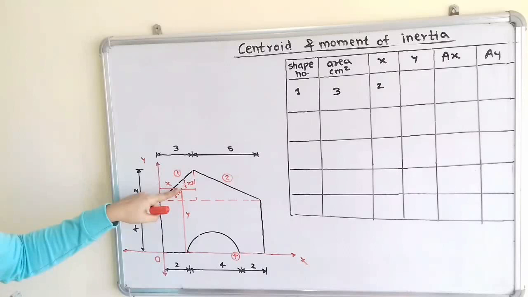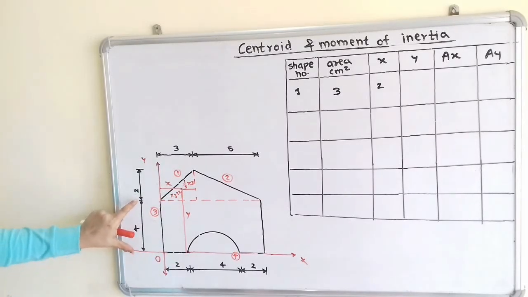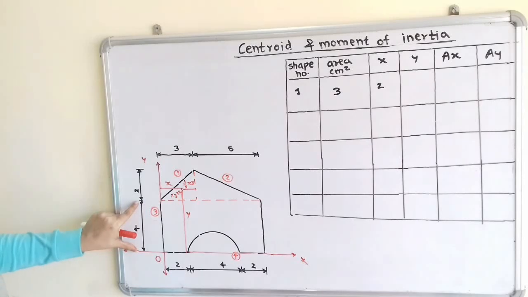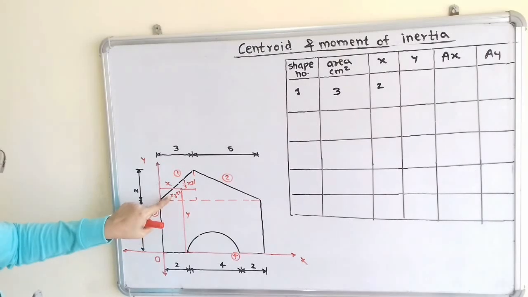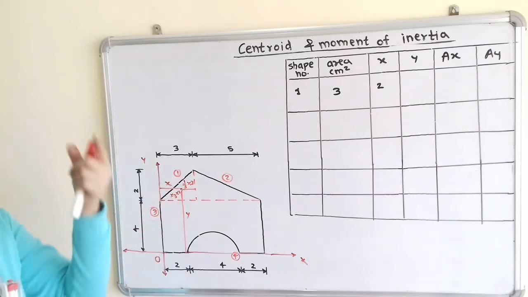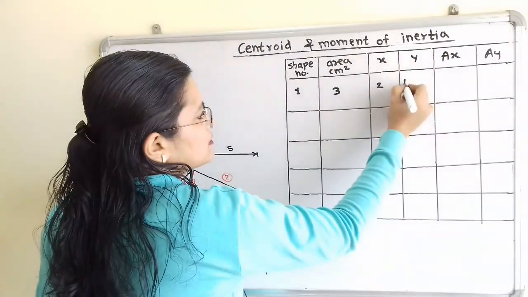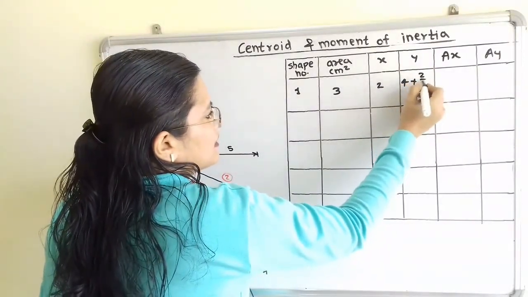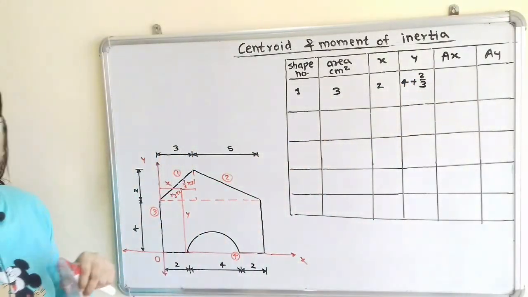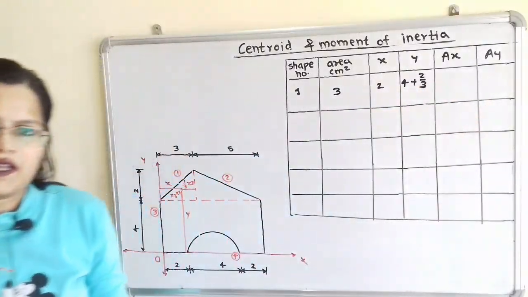Here we have to find this vertical distance. This distance 4 is given, and the remaining distance is 1 by 3 multiplied by 2, that is 2 by 3. So we write 4 plus 2 by 3. This is the value of y. Then we will calculate ax as well as ay.